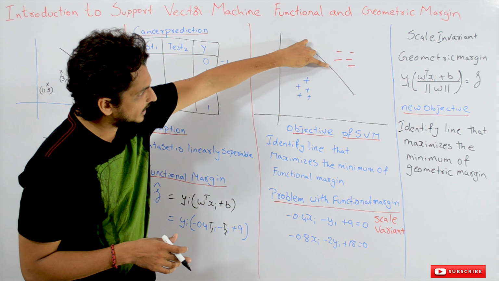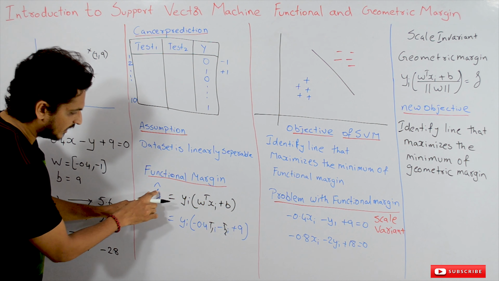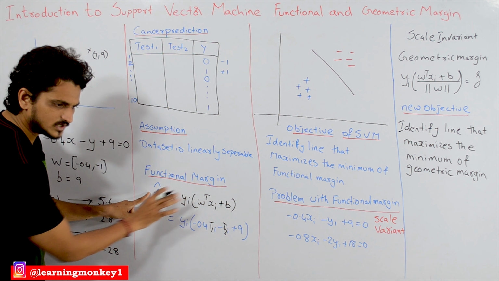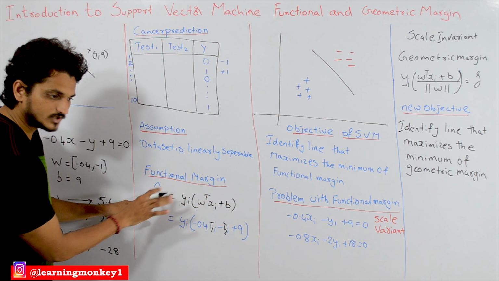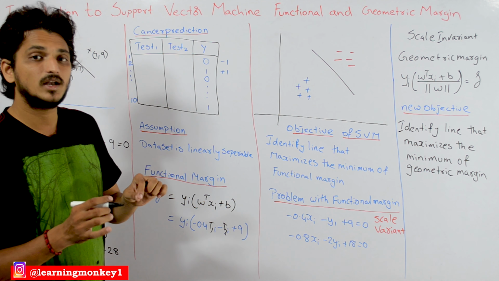If you get a negative value, it is incorrectly classified. We already discussed this concept in logistic regression, so we're not concentrating much on it. If the functional margin value is positive, it is correctly classified. If the functional margin value is negative, it is incorrectly classified. So we have to calculate the functional margin for all the data points.